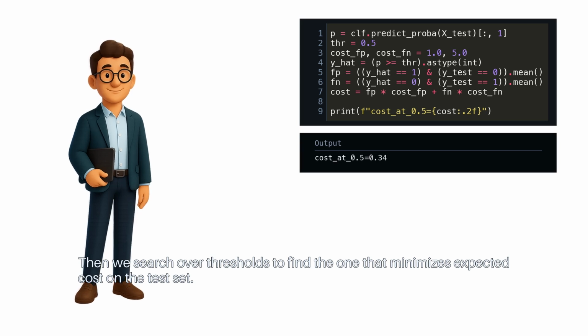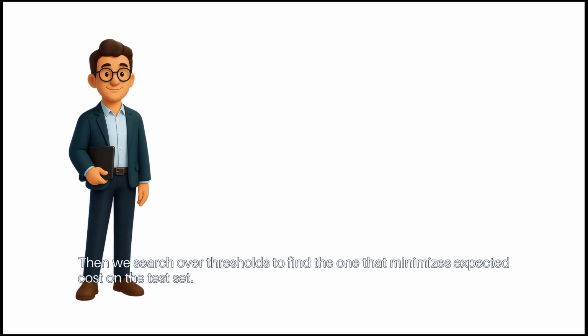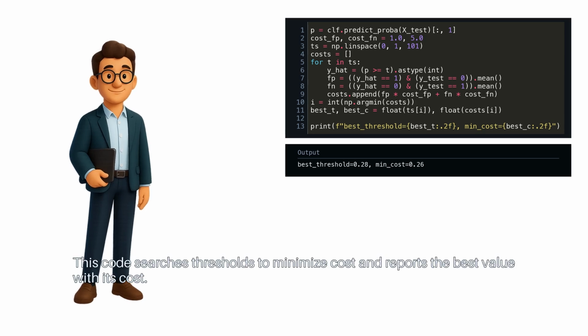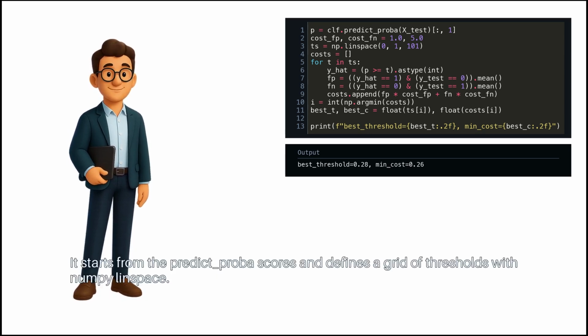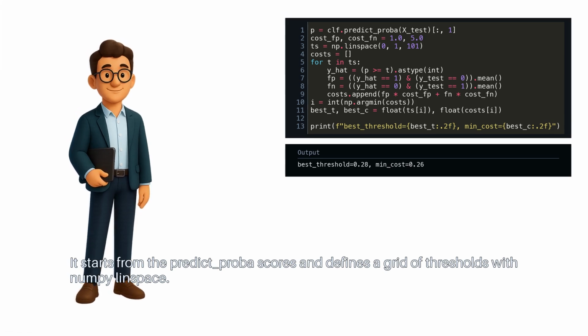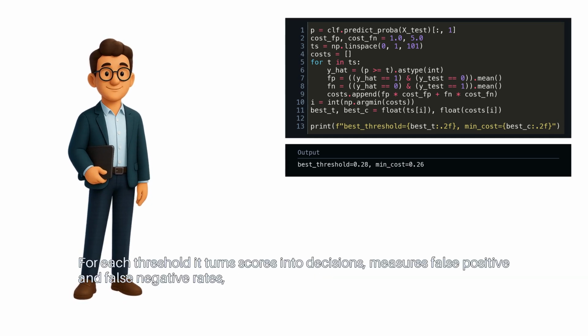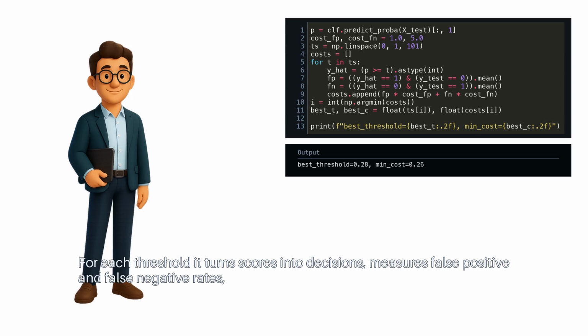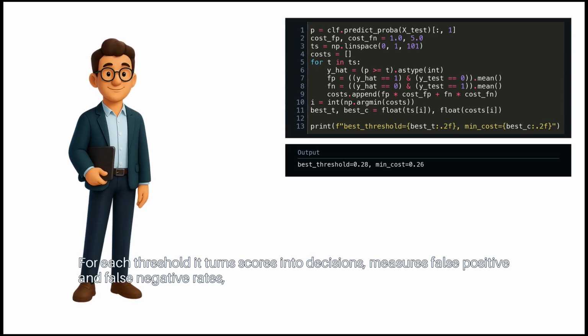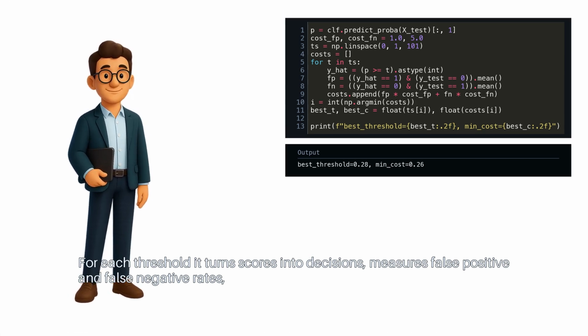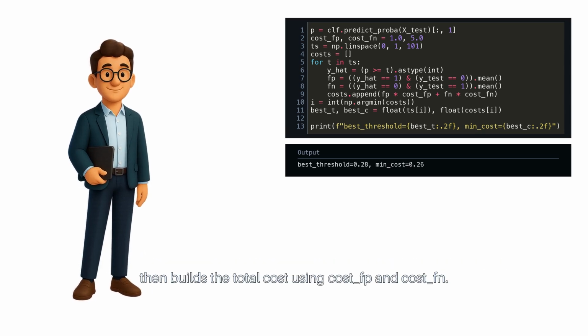Then we search over thresholds to find the one that minimizes expected cost on the test set. This code searches thresholds to minimize cost and reports the best value with its cost. It starts from the predict_proba scores and defines a grid of thresholds with NumPy linspace. For each threshold, it turns scores into decisions, measures false positive and false negative rates, then builds the total cost using cost_FP and cost_FN.